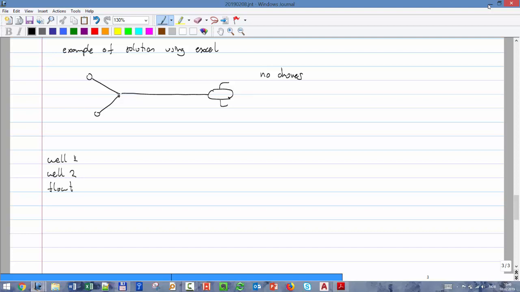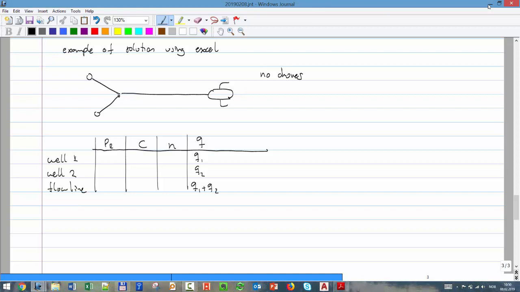You have it in a table, and here you have reservoir pressure, you have C, you have the n, and then you have the rate. So you have Q1, Q2, but this one will simply be Q1 plus Q2.